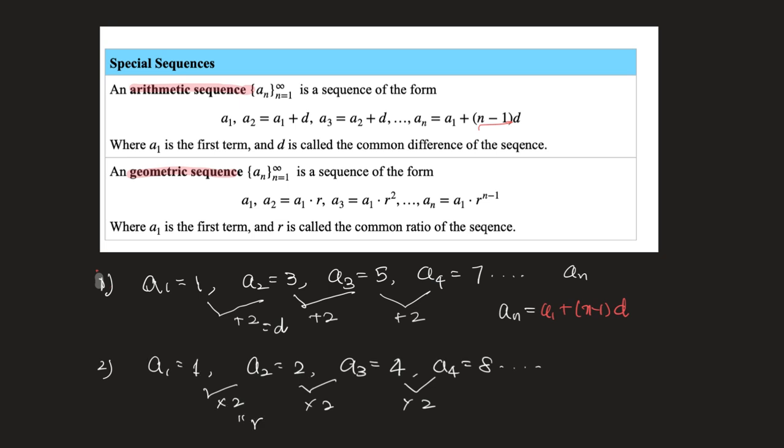Each time you multiply. This is the common ratio R. Each time you multiply by R, so An is A1 times R to the n minus 1. That's how you find the general term. What is more important in the future, guys, is the geometric sequence. Please remember, it is really important from now on.